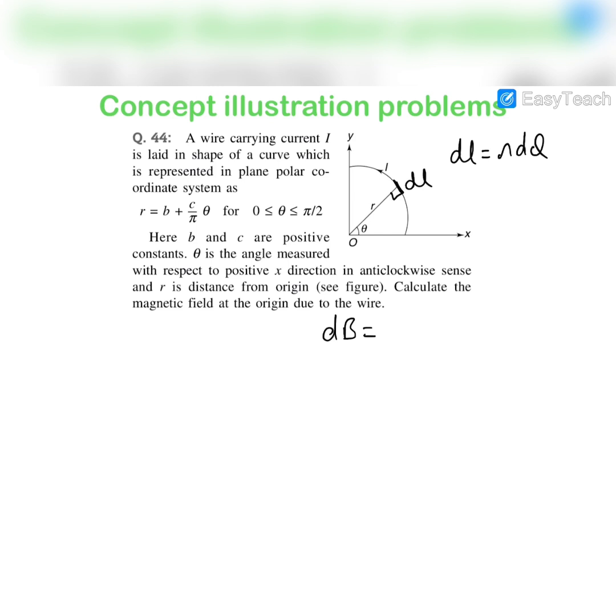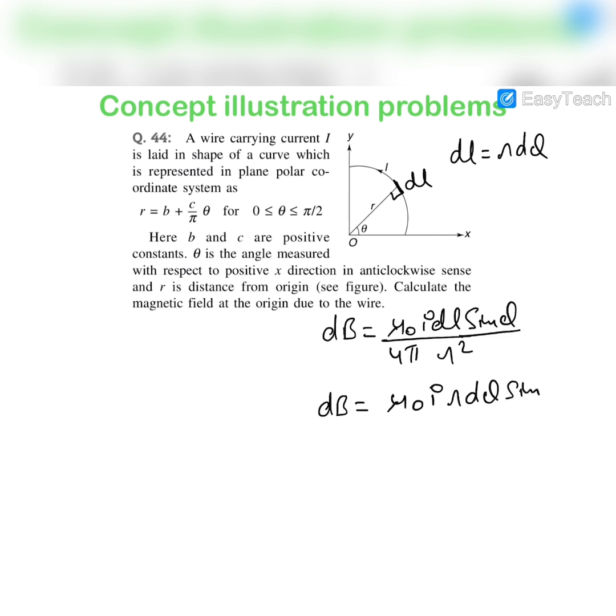And dB will be mu naught I dl sine theta by r square into 4 pi. This is the general formula of Biot-Savart law. So dB will be mu naught I dl, which is r d theta, sine theta divided by 4 pi r square.